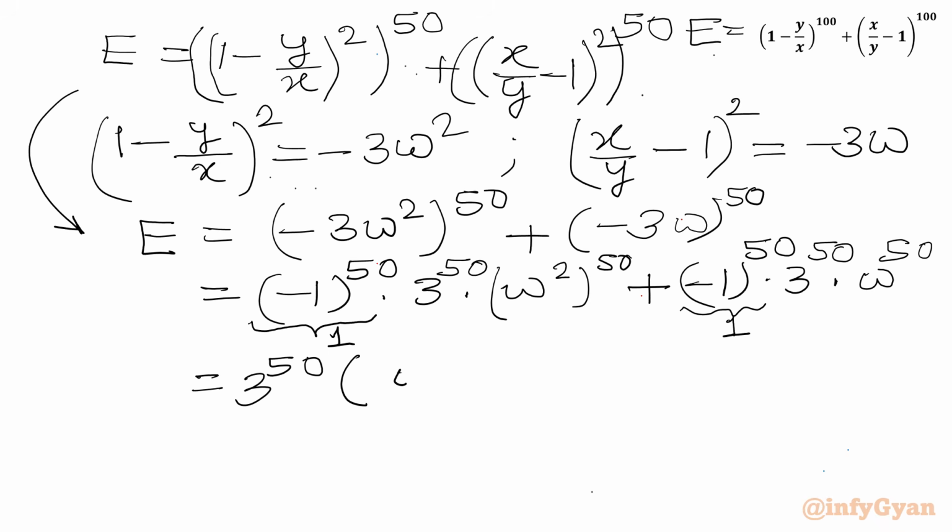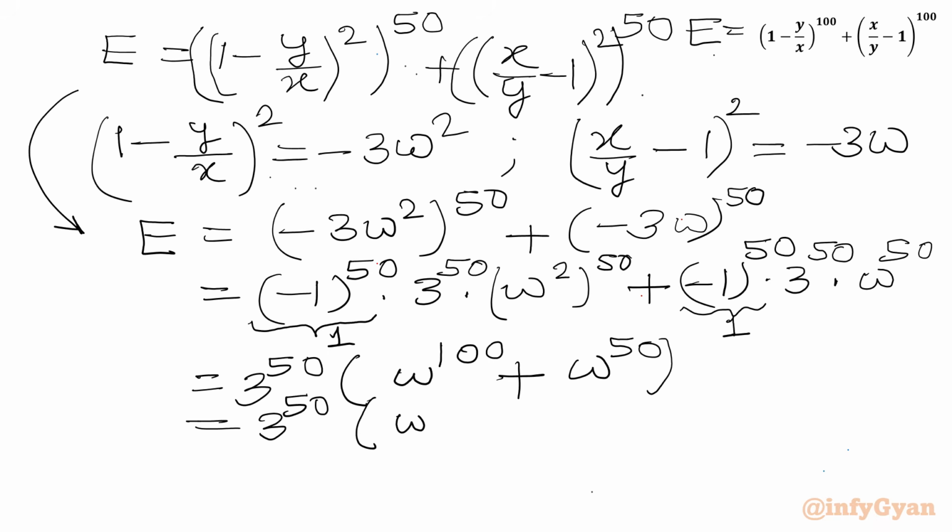In the bracket, this would be omega square power 50, which is omega power 100, plus omega power 50. Now we can write this as 3 power 50, in the bracket, omega power 99 times omega plus omega power 48 times omega square.